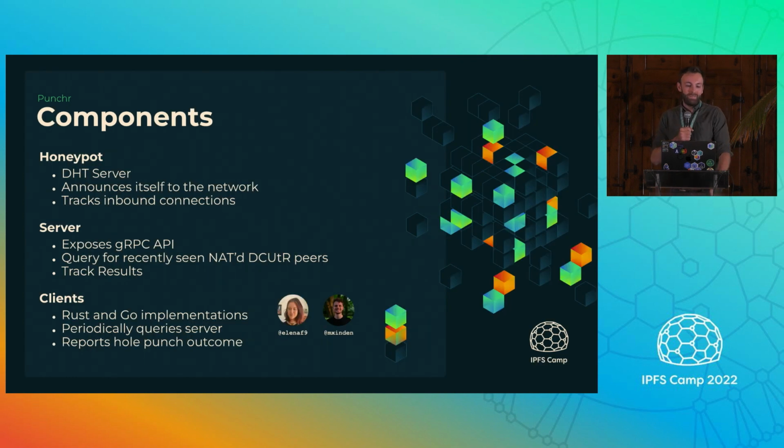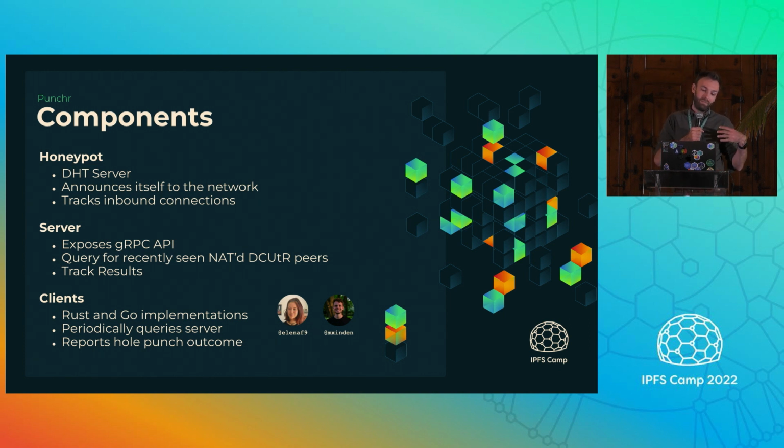This measurement setup consists of three different components. We have a honeypot, a server component, and a fleet of clients. The challenge here is basically that we don't know where those peers behind NATs reside. Because they are behind NATs, we cannot find them, and we cannot connect to them.